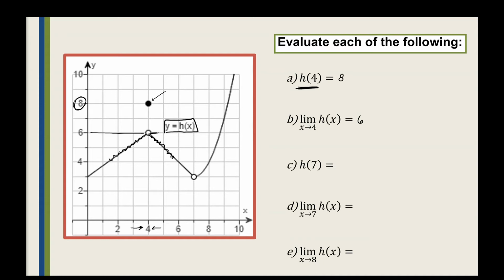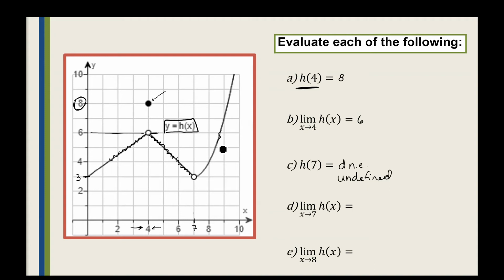Now, h of 7, well, you see when x is 7, we have this open circle. There's no other closed circle when x is 7. So our function is not defined at 7. So h of 7 does not exist, or it's undefined. But the limit as x approaches 7, if you look as x approaches 7 from the left, your function values are getting close to 3.